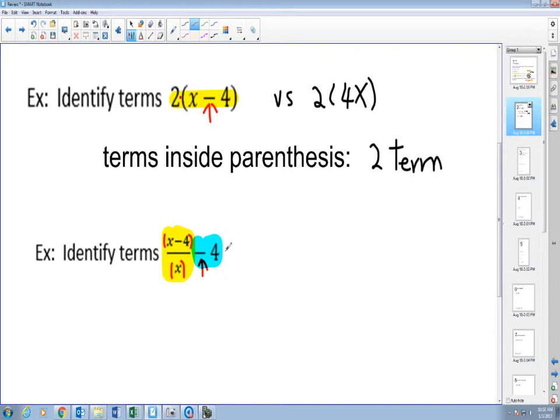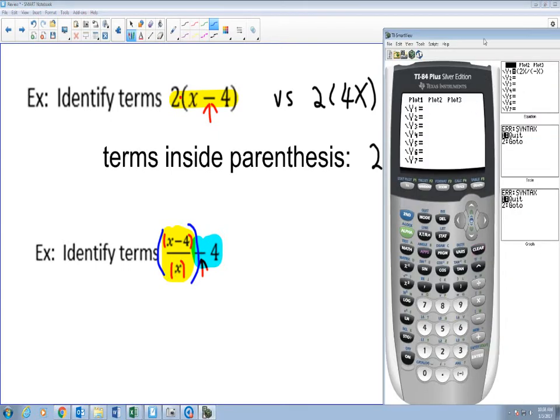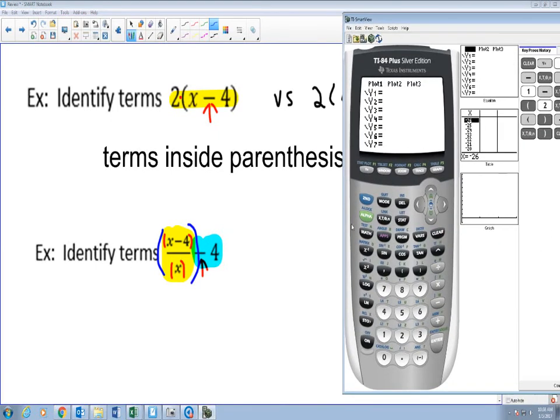Now, because this expression has two terms, I will put this whole first term in parentheses, because that will tell the calculator that it's one term. Then subtract 4. Alright, so here on my graphing calculator, I will start out with the parenthesis, which is my blue one, and open another parenthesis for my numerator, x minus 4.